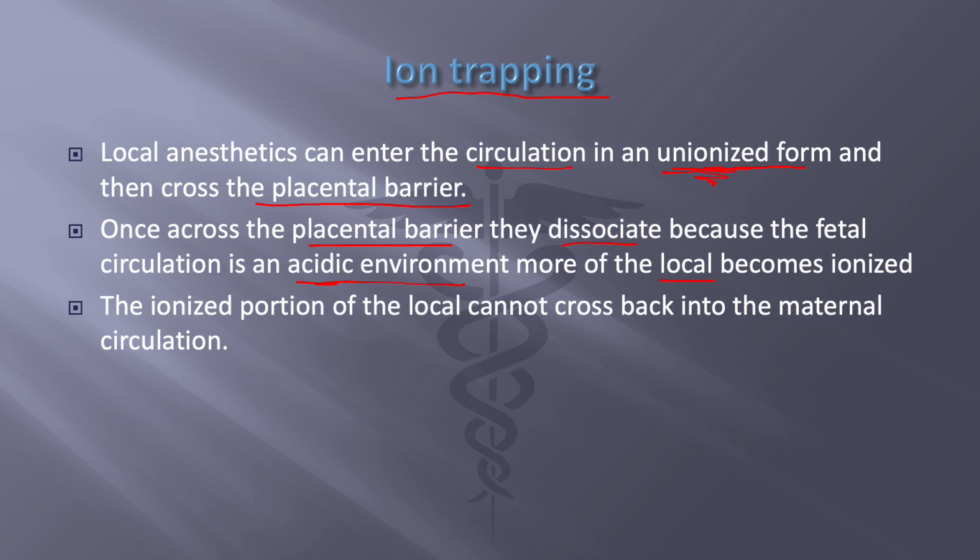Okay. And then more of the local becomes ionized. Okay, the ionized portion of the local can't cross back into the maternal circulation, so you can have a buildup of that molecule inside of the fetus, which, as we know, anytime we talk about a buildup of any sort of molecule, it's usually not good. We don't want that. So this is something to be cognizant of, and that we'll talk more about when we talk about fetal circulation.